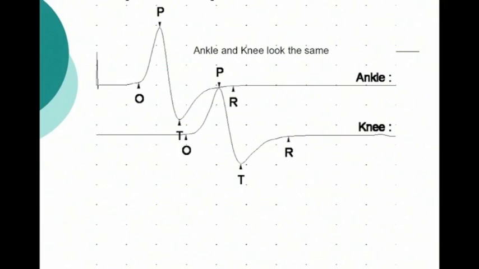Because if they don't, that means that you're stimulating more than one nerve or even a different nerve, and therefore recording from a nearby muscle, not from the same muscle, and then all of your measurements will be wrong. So it's very important to be sure that the distal and the proximal response look the same. Now, it will not always be this way, because if there's abnormality, then the distal and proximal response may not look the same, and that's part of the problem.